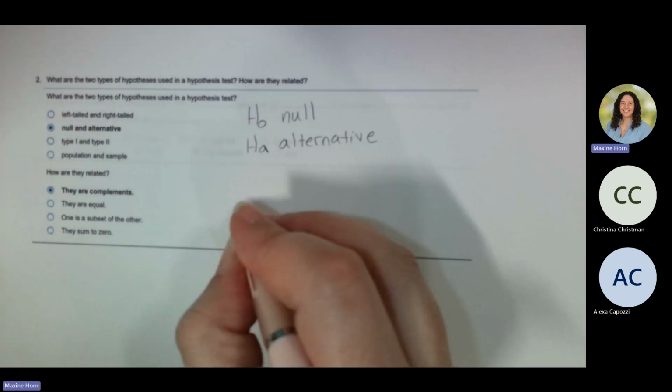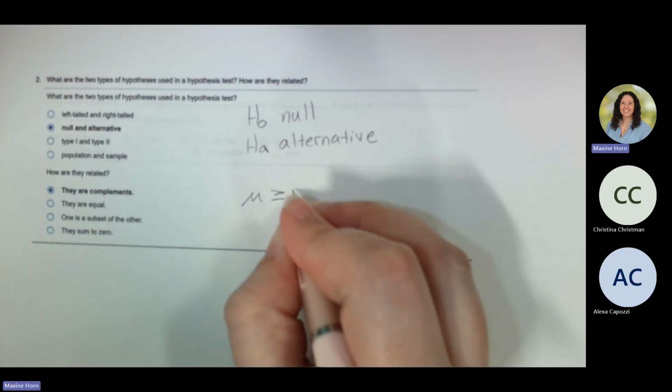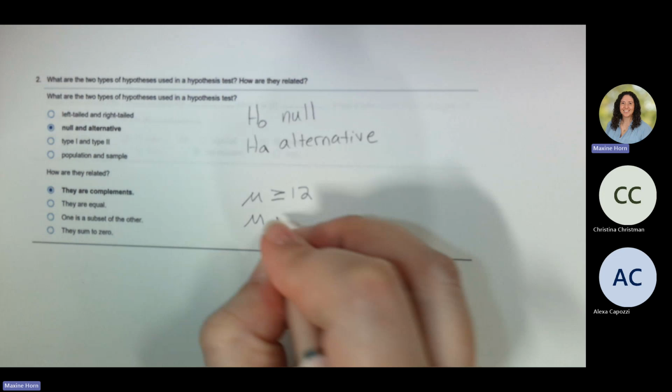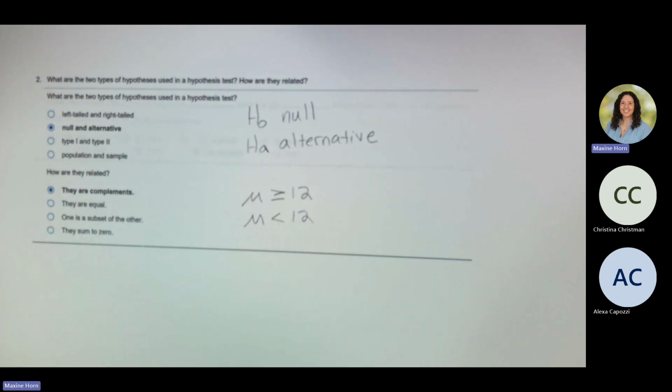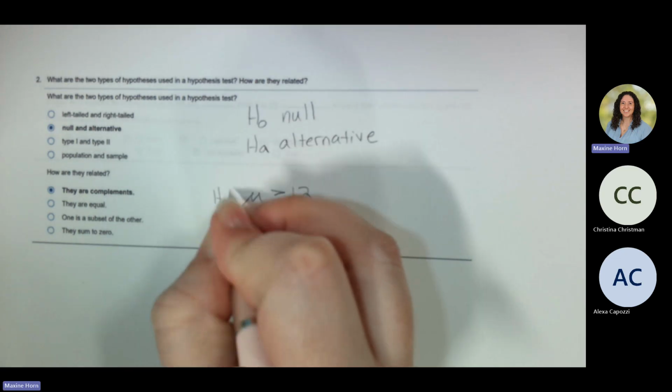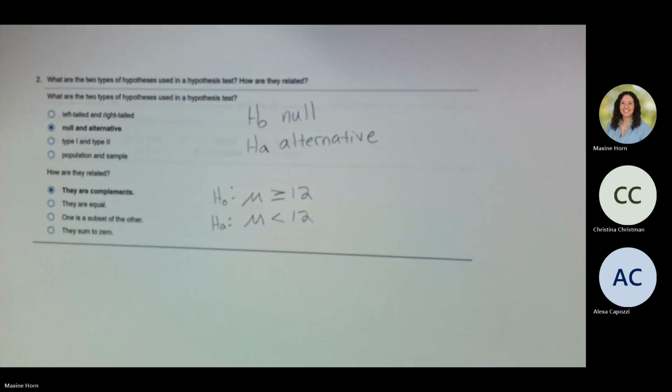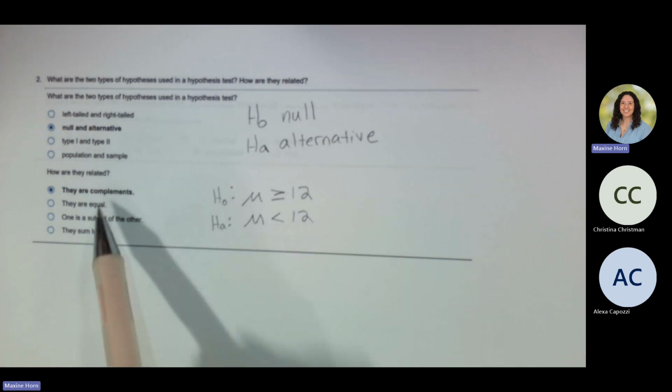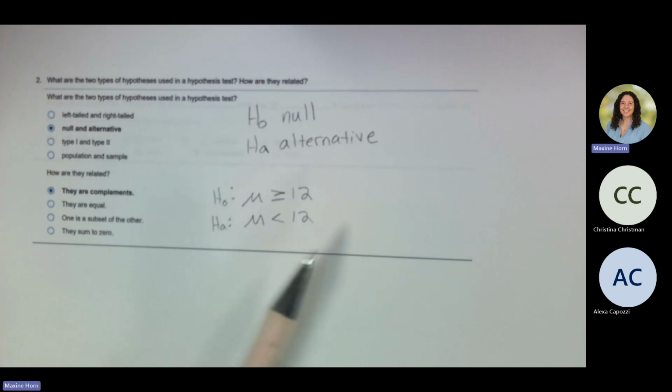So if one of them is greater than or equal, then the other one has to be less than, because those are complements of each other, which is what we had before, right? So remember, complements together, they cover everything. They cover the whole situation. So things that are greater than or equal to 12 and things that are less than 12. Well, that covers everything.